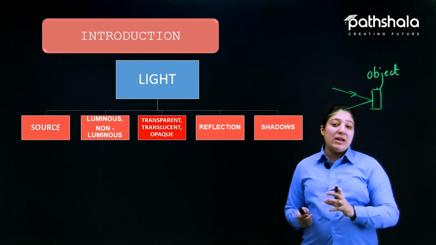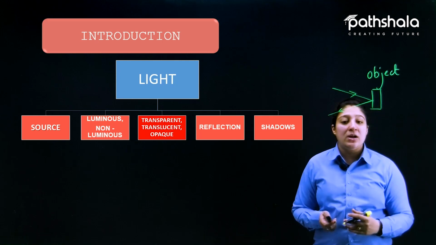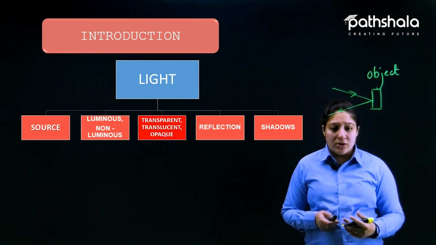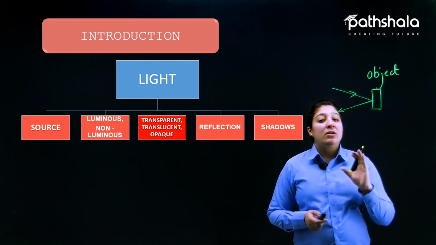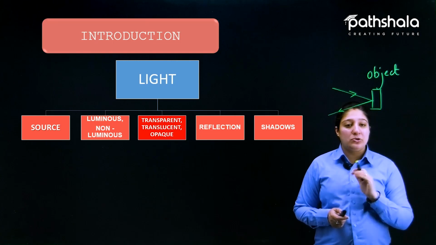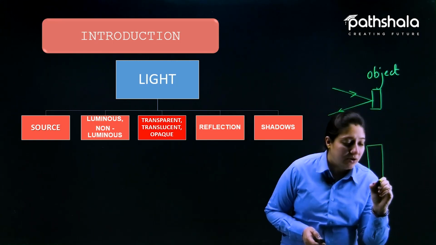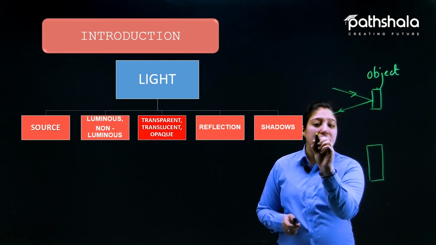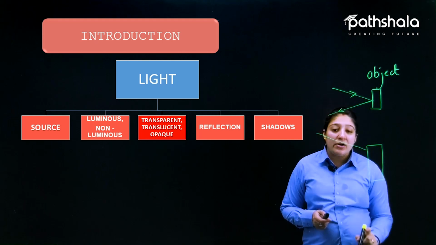After that, the main thing that you studied in your 6th class is shadows. So how are shadows formed? Why are shadows formed? That is just because the objects don't allow the light to pass through them. Now see here clearly why shadows form. I have already told you that light comes in the form of rays, right?